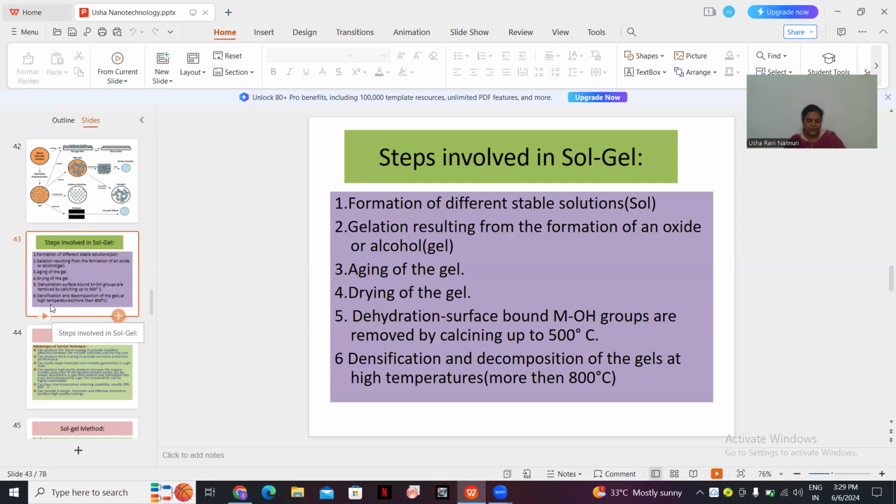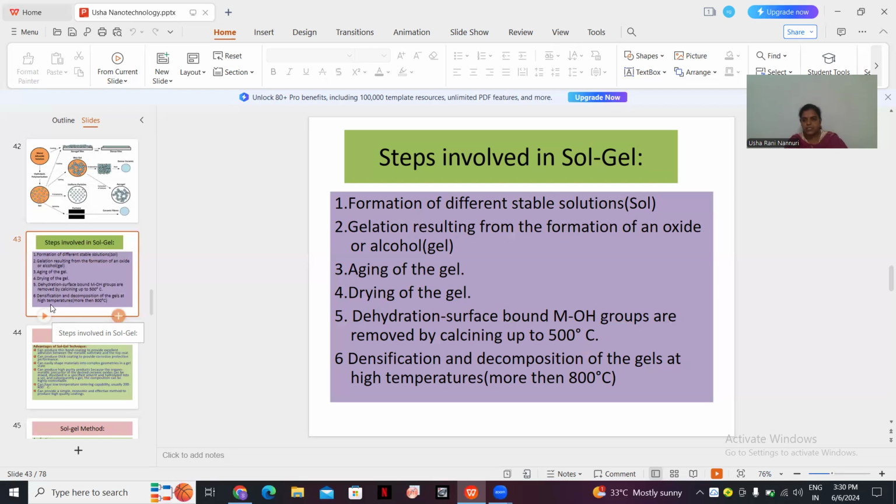The rate of hydrolysis is affected by pH, reagent, concentration of water and the silicon molar ratio in the case of silica gels. Aging and drying are also important. By controlling these factors, it is possible to vary the structure and properties of sol-gel derived inorganic networks. This is the condensation process.